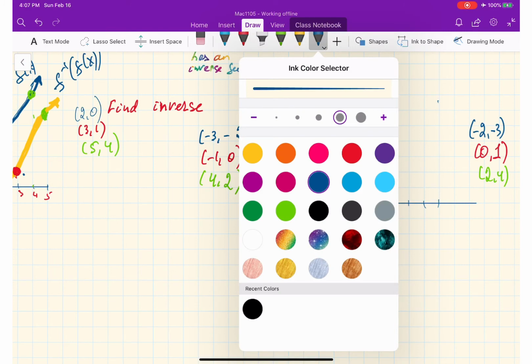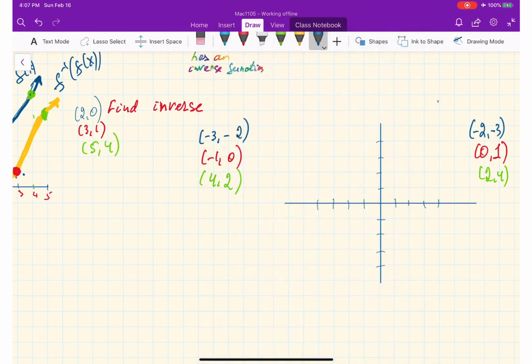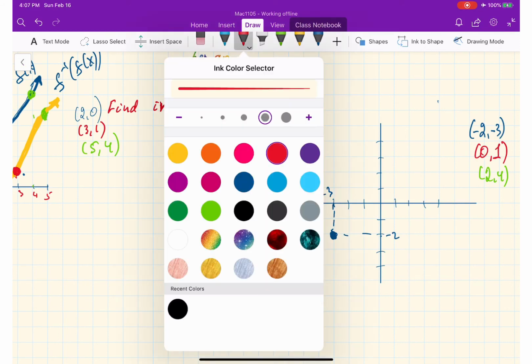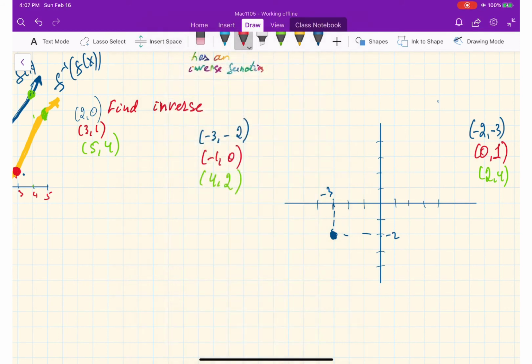So let's build our point, -3, -2. This is our blue point. And then the red one, -1 and 0, right here. And 4 and 2.